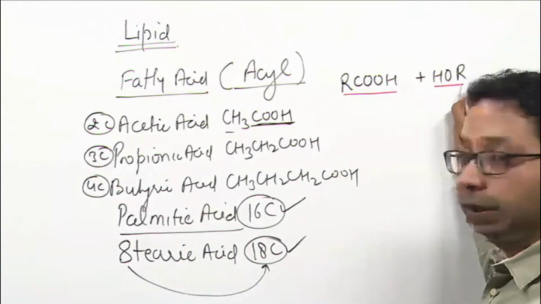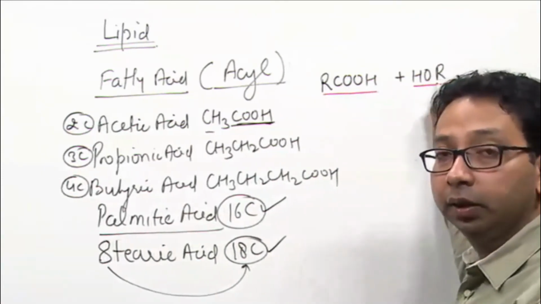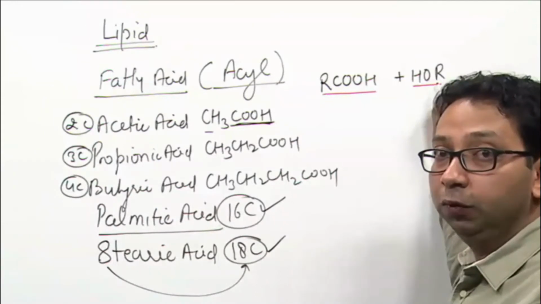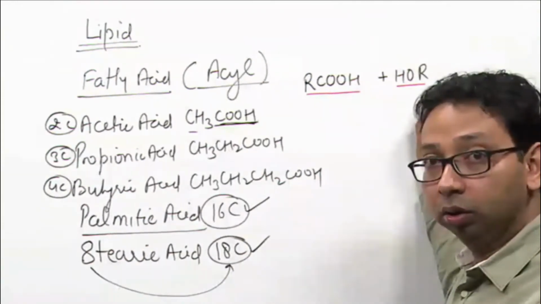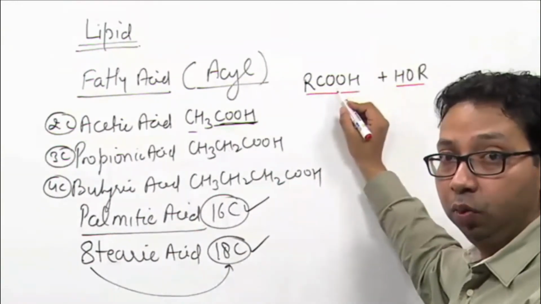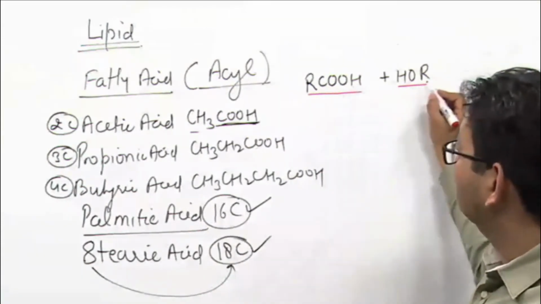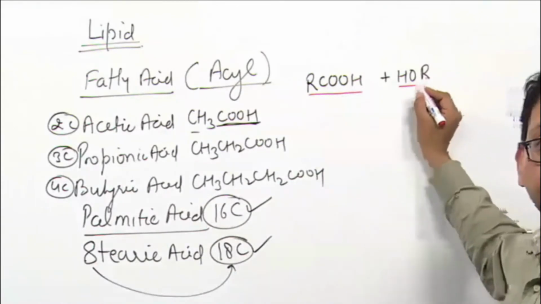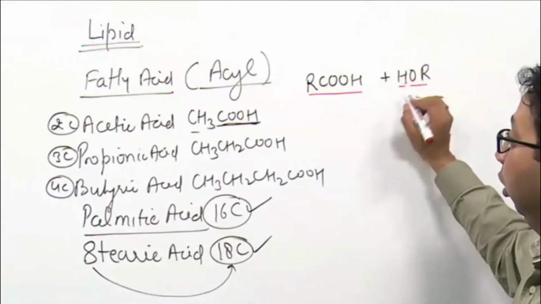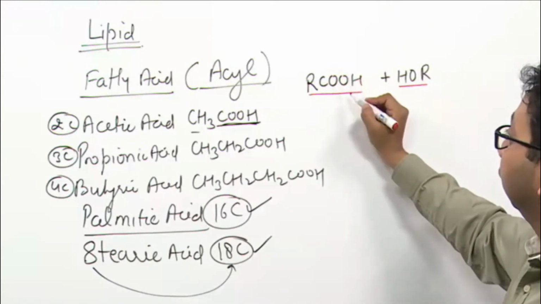And I told you initially with carbohydrate that any compound having OH is polar. So this is charged polar. Any compound which has charge is polar. This is polar.